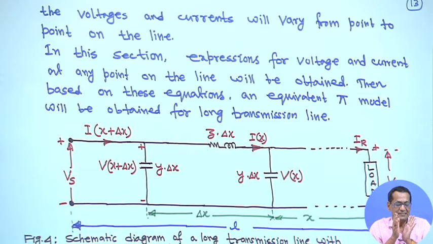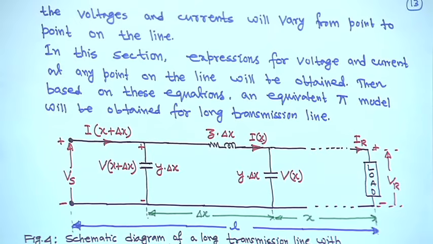In this section, the expression for voltage and current at any point on the line will be obtained. Then based on this equation we will find a pi equivalent. First we will go for the exact one, then the pi equivalent.